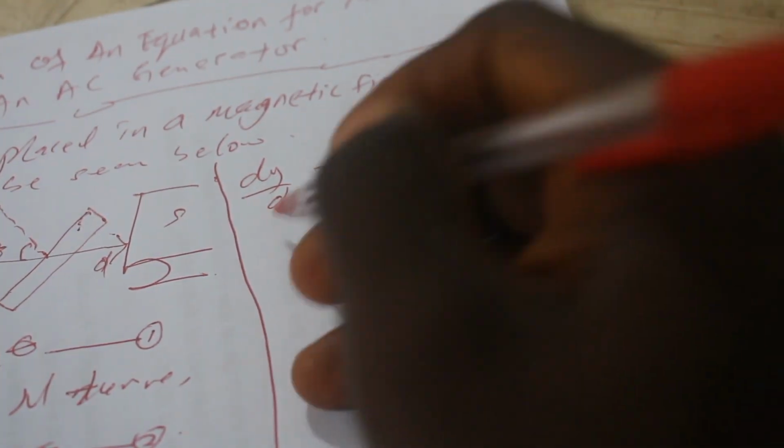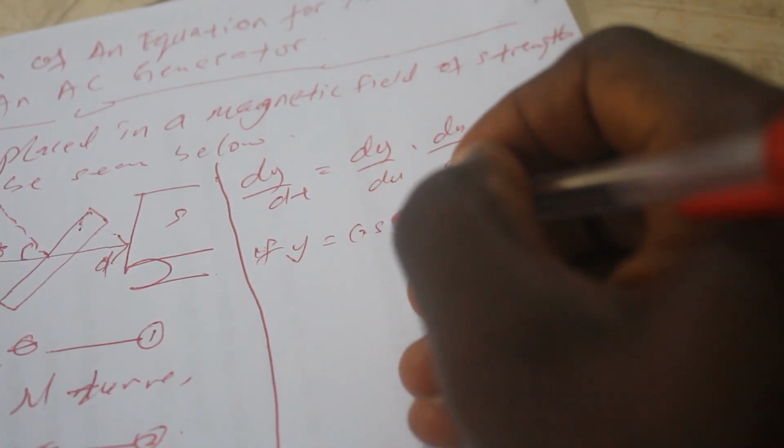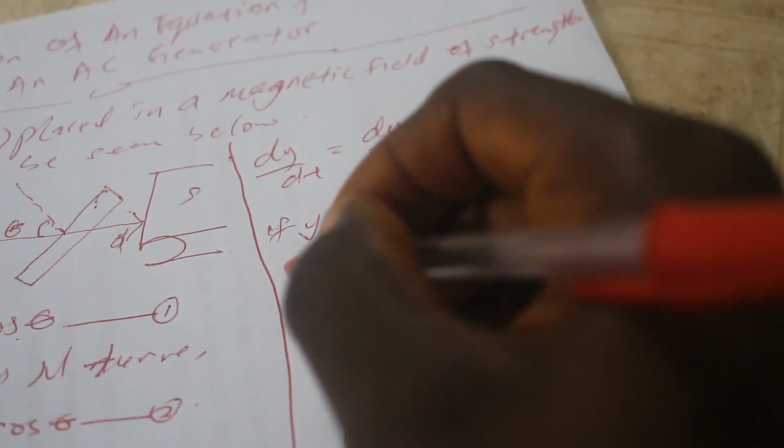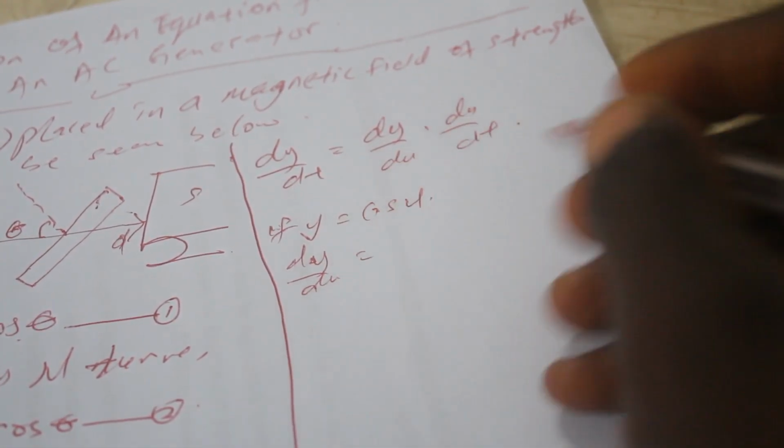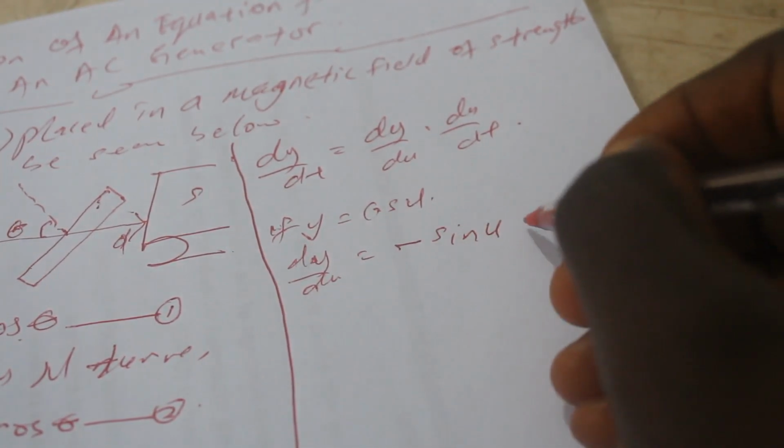Now, what is dy/du? If y is equal to cos u, then dy/du is equal to minus sine u.